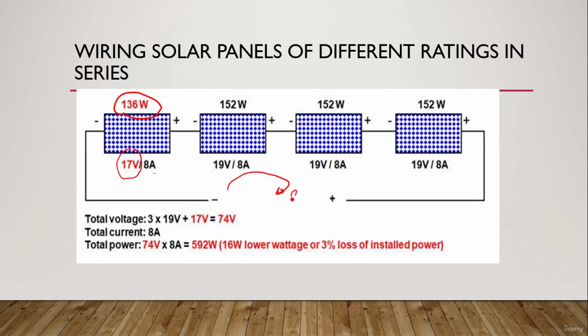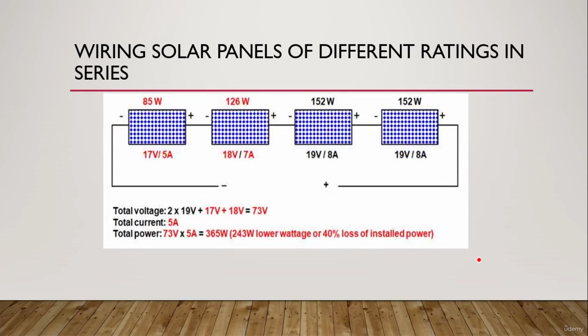But what will happen is the voltage is going to be reduced: 17 plus 19 plus 19 plus 19, so the total voltage is going to be 74 volt. This means 74 times 8 ampere, we're going to get 592 watt power, or 16 watt lower power from the installed version, or 3% losses in the installed power.